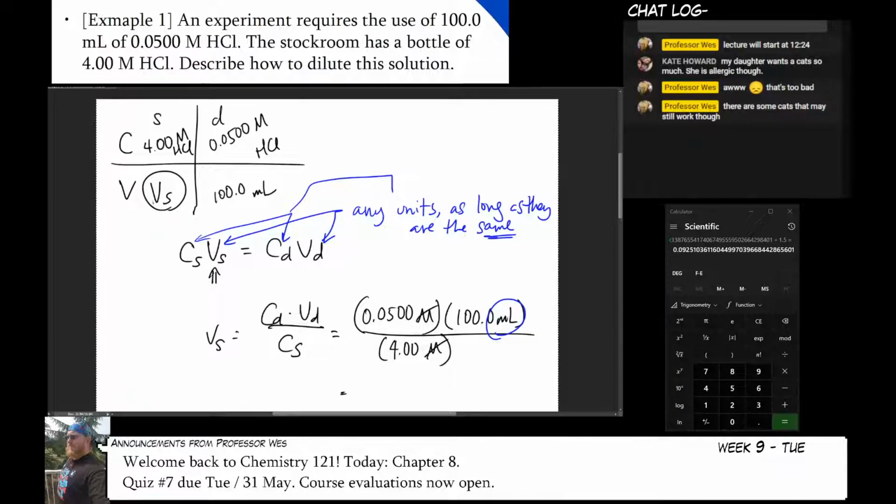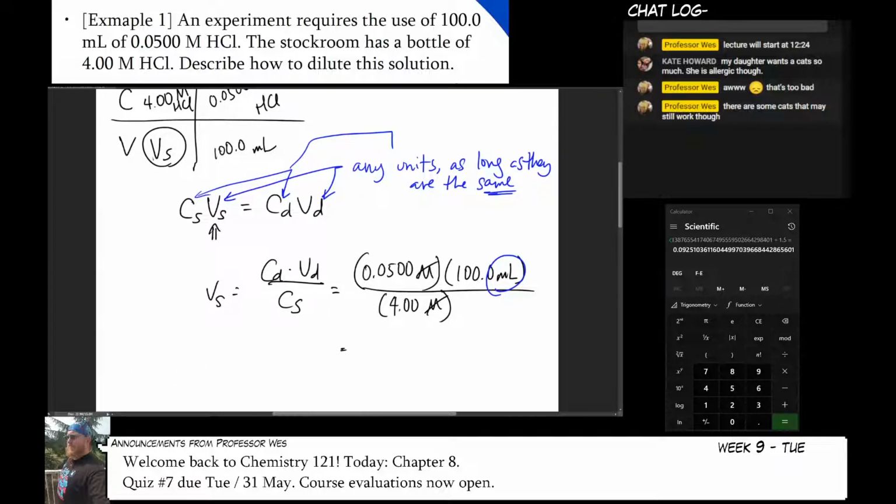Doesn't matter, as long as they are identical. Because the whole point is we want our units to be able to cancel out so that we can use the units of the leftover thing for our answer. So, whatever number I get from this calculation is going to be my answer in milliliters. And I got 1.25 milliliters.